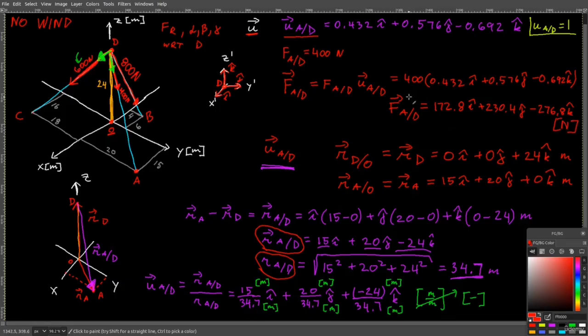And there you go. This is how you decompose a vector into its x, y, and z dimensions by taking advantage of the dimensions of your structure.